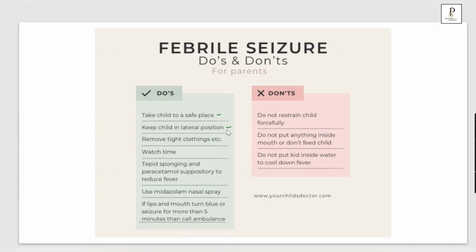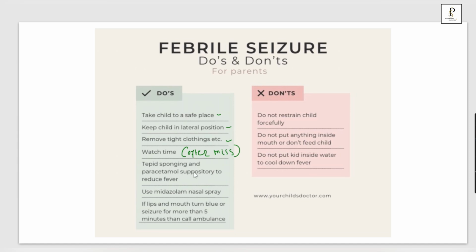Keep the child in lateral position to prevent tongue fall back. Then remove any tight clothing of the child. Then watch the time. Parents often miss this. You have to start noting the time. What time is it?